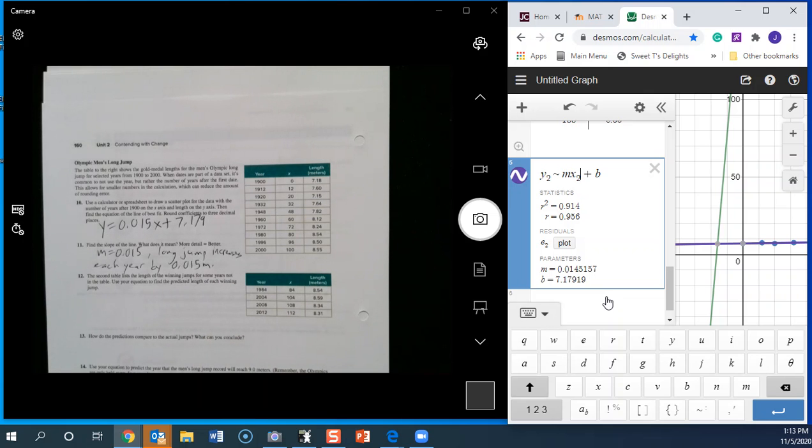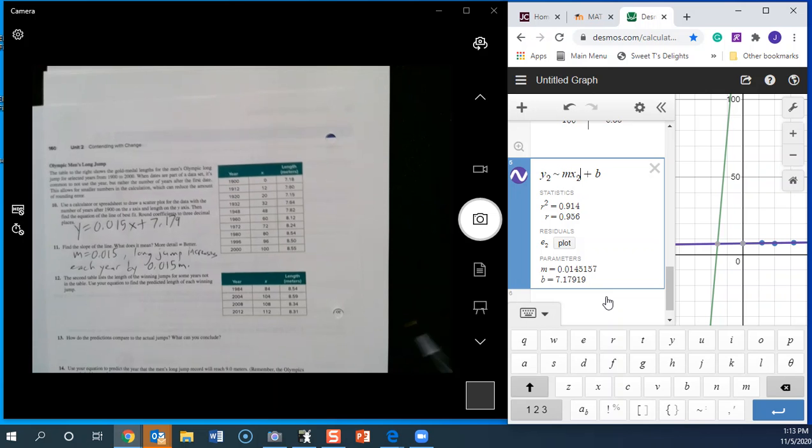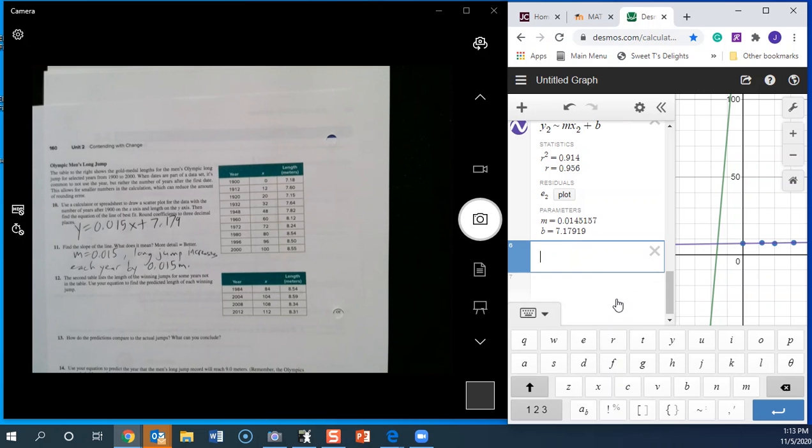Okay, number 12. It says the second table lists the lengths of winning jumps for some years not in the table. Use your equation to find the predicted length for each winning jump. Okay, so now what they want us to do with our new equation is put in the values here.